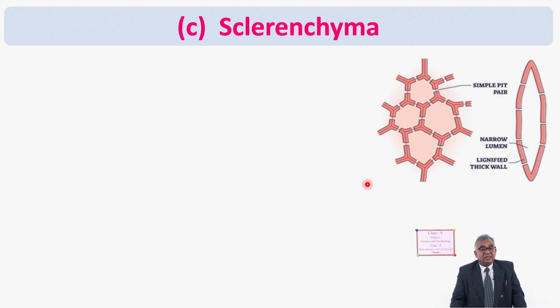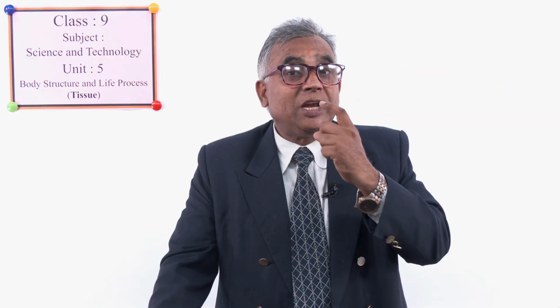Okay. So these things are what? Sclerenchyma. Okay, another very familiar example. When you eat pears, naspati, then you find a big hard structure at the central region. Yes, that is also a form of what? Sclerenchyma. Yes, now you have identified them.